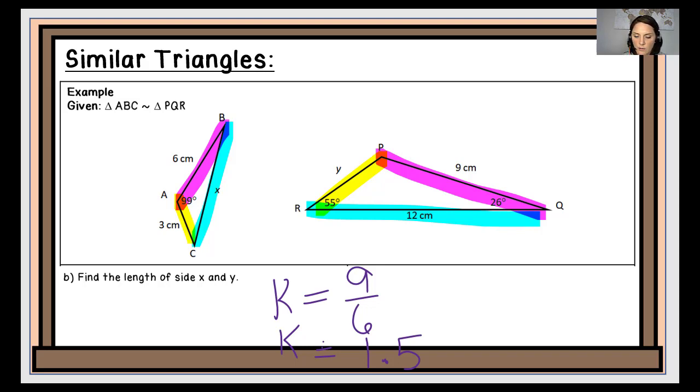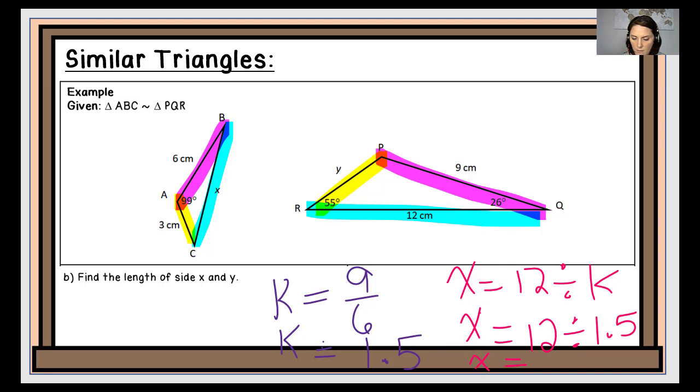So X is equal to 12 divided by K, so K is my scale factor. So 12 divided by 1.5 is 8. And for good communication, 8 centimeters. Okay, next we're going to look for the Y value.